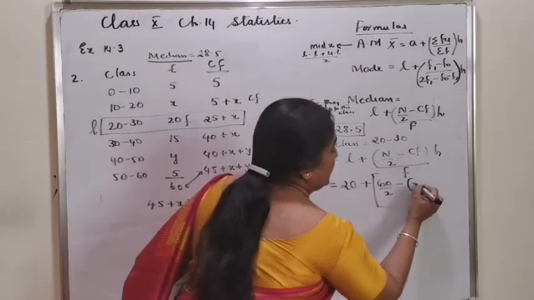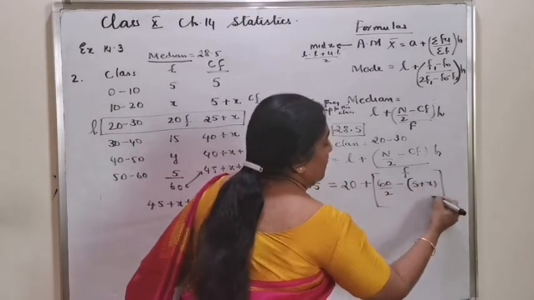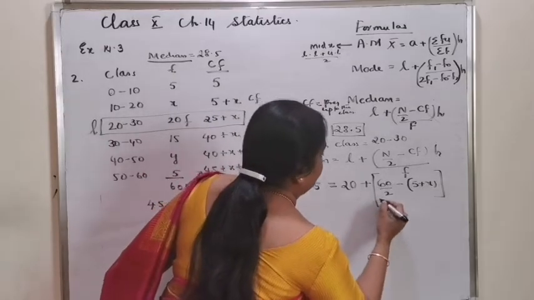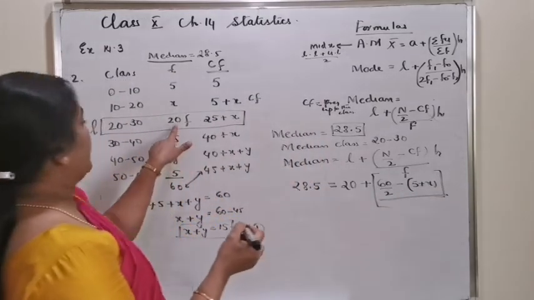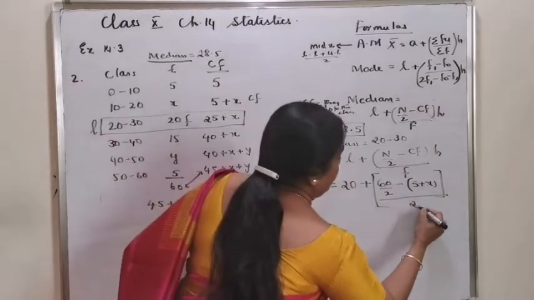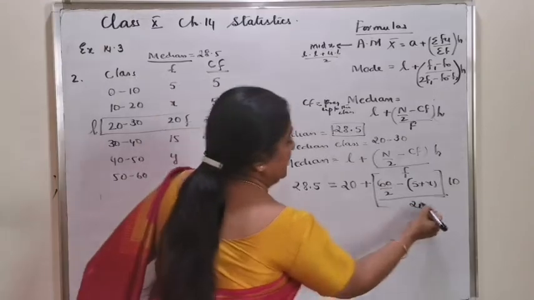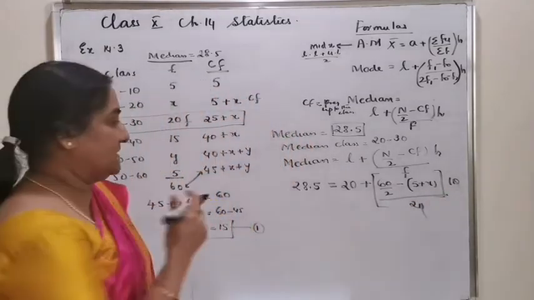A simple bracket is compulsory or the answer will change. Divided by the frequency 20, class size is 10. Here the 20 and the 0 will get cancelled.